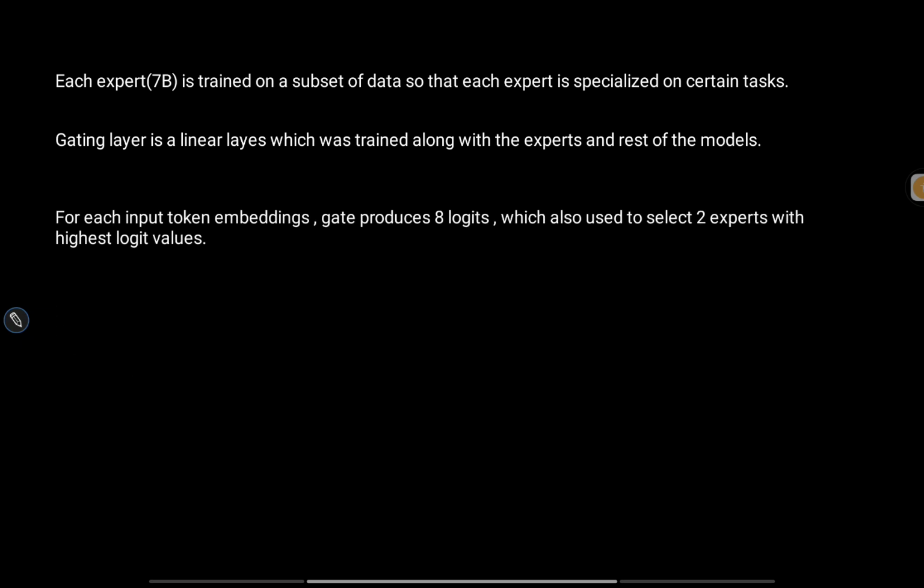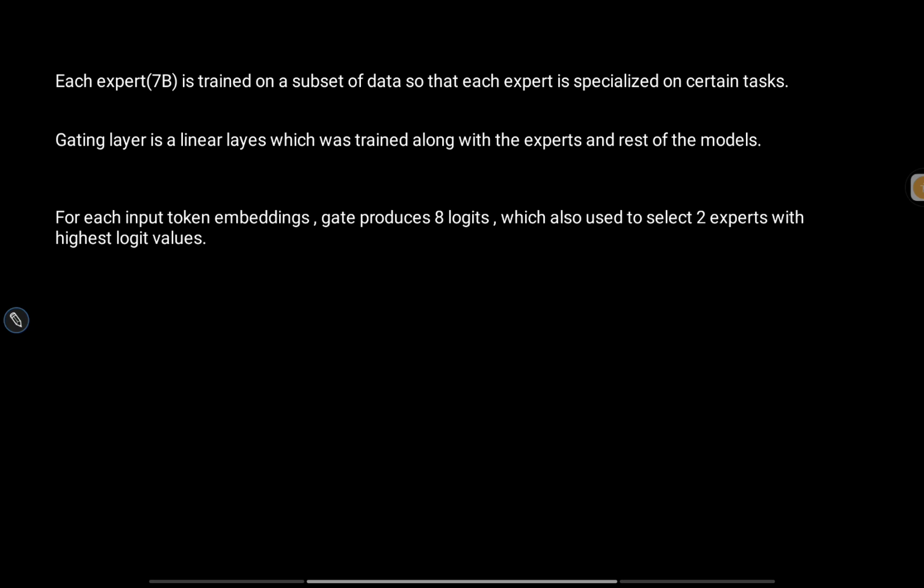For each input token's embedding, once the input comes, the gating layer produces 8 logits, one for each individual expert, which are used to select the 2 experts with the highest logit values. As I explained in the last slide, the gating layer produces 8 logit values corresponding to the experts, and the highest 2 are selected.